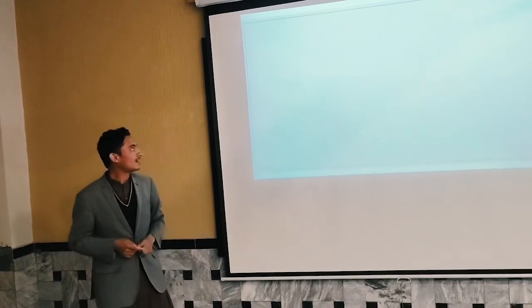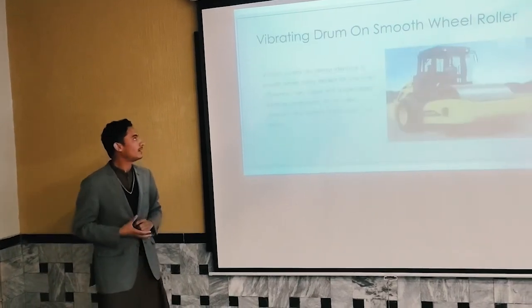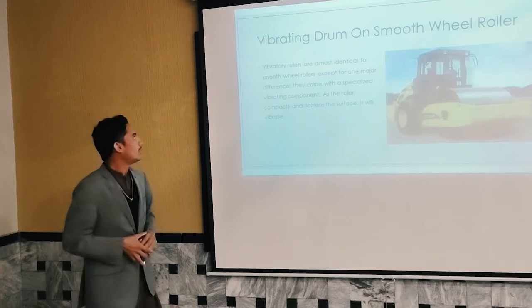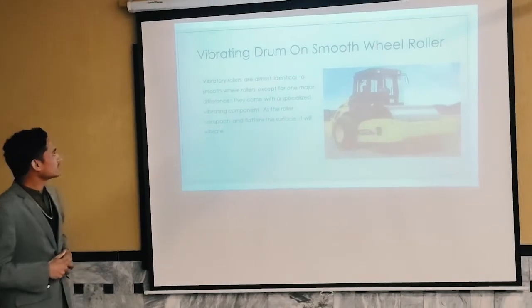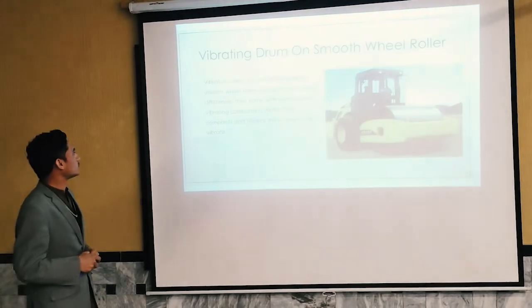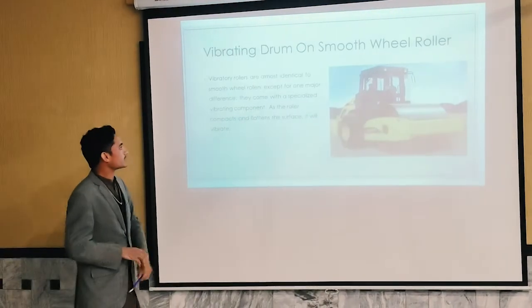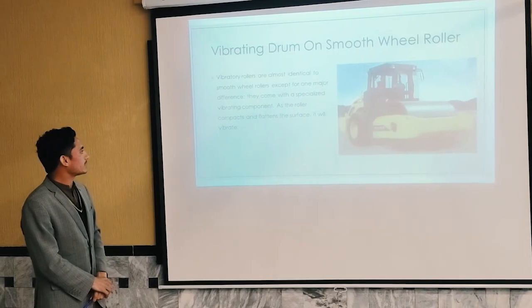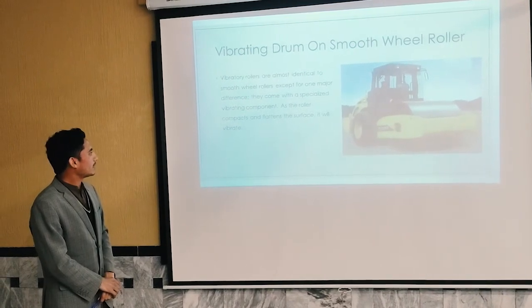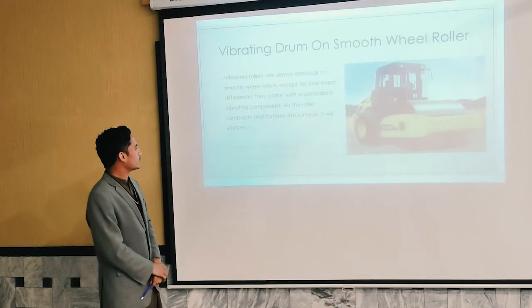Next, please. Vibrating drum on a smooth wheel roller. Vibrating rollers are almost identical to the smooth wheel roller except for one major difference. They come with a specialized vibrating component: as the roller compacts and flattens the surface, it will vibrate.